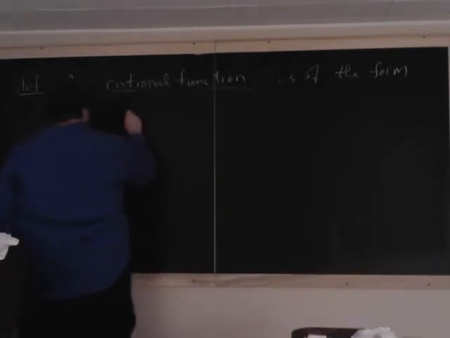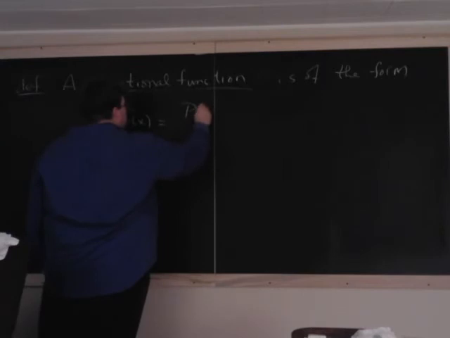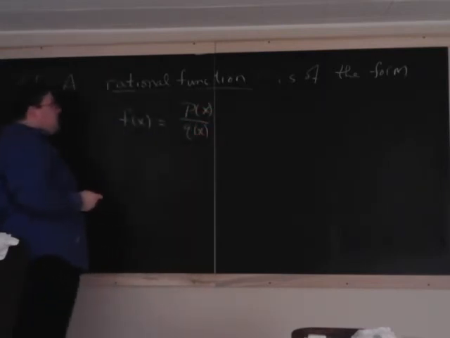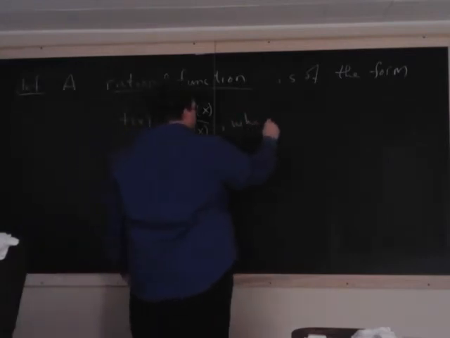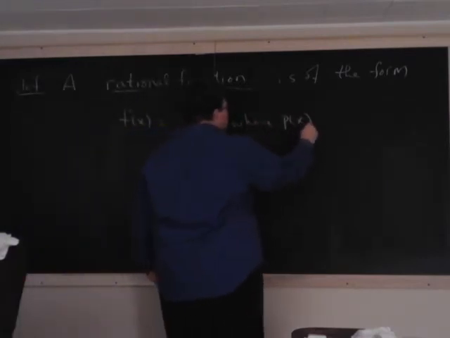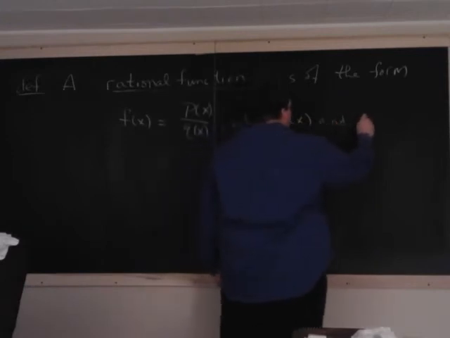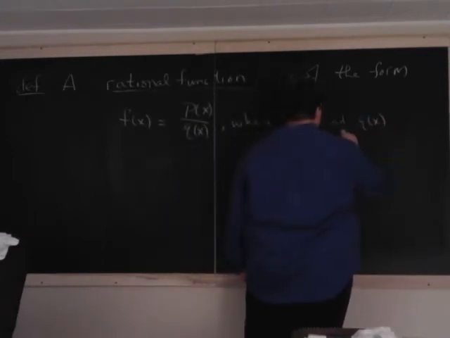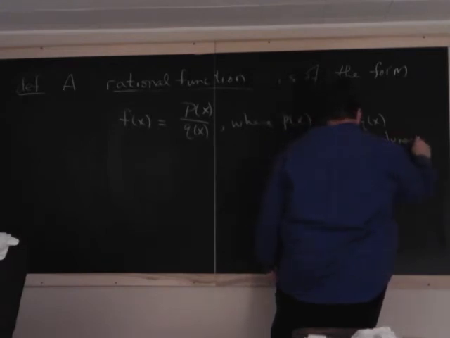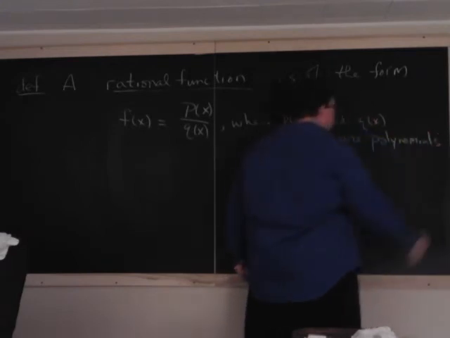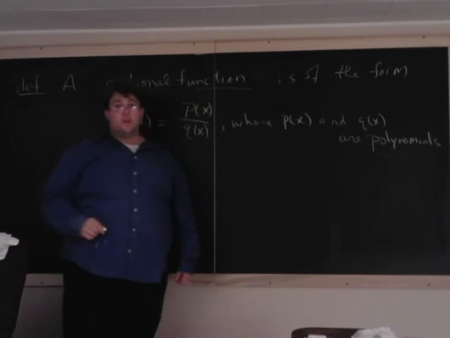we'll call it f of x. A rational function is p of x over q of x, where p of x and q of x are polynomials. So a rational function is a fraction of polynomials.